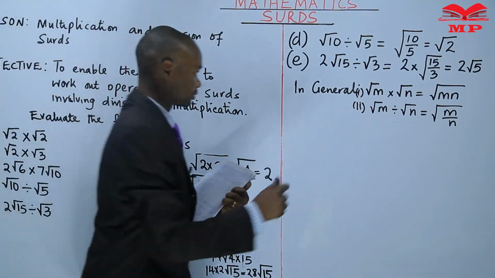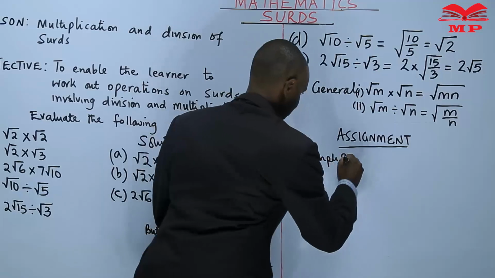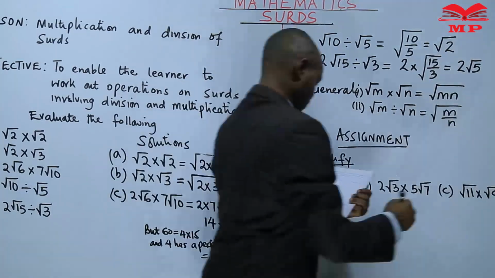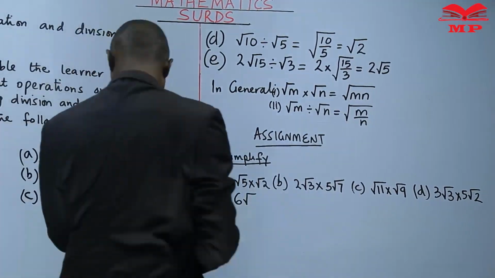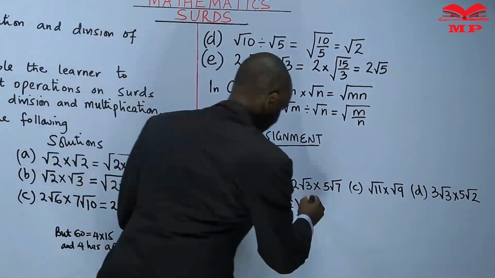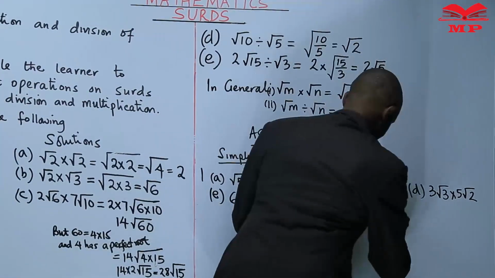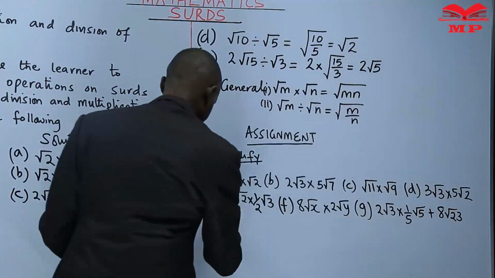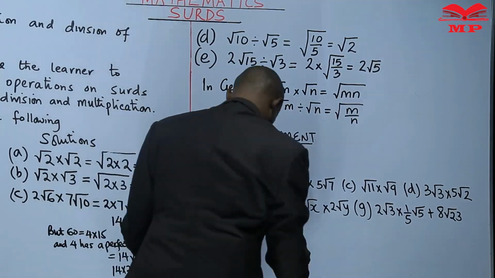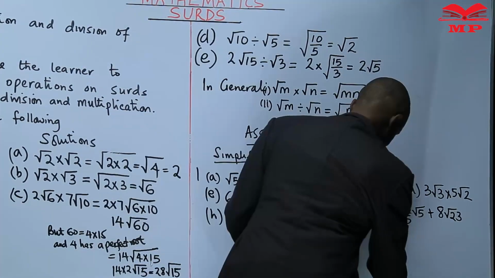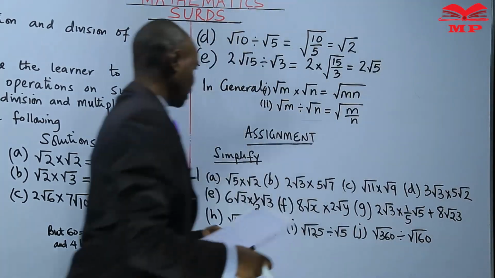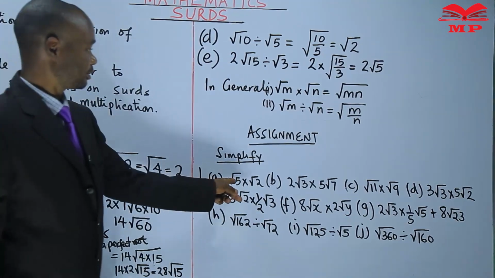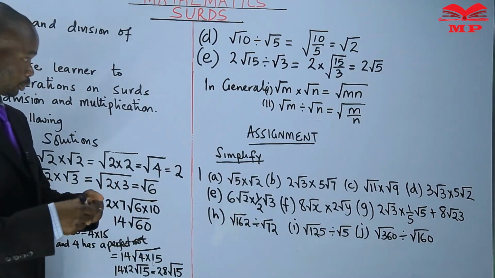So for the assignment, learner, we have A, square root of 5 times square root of 2.